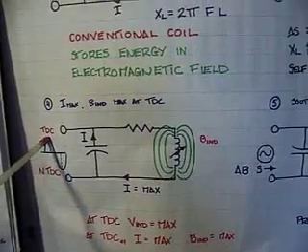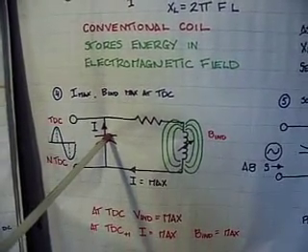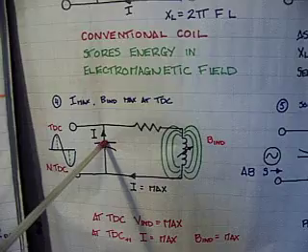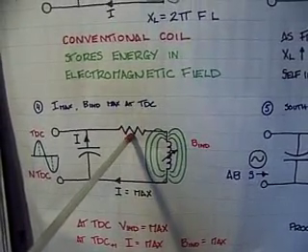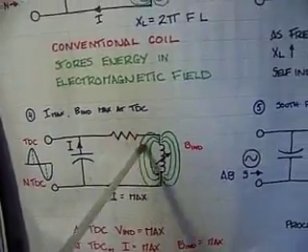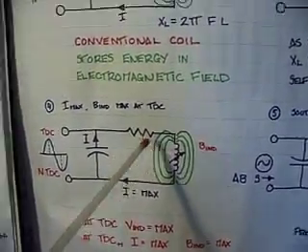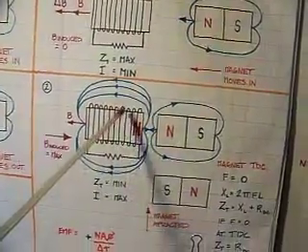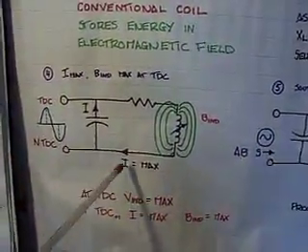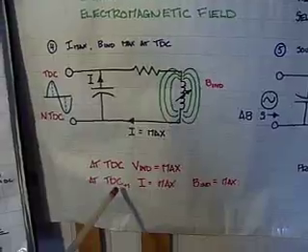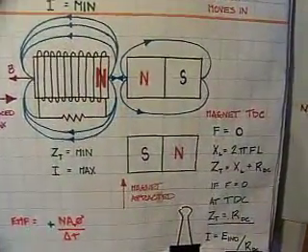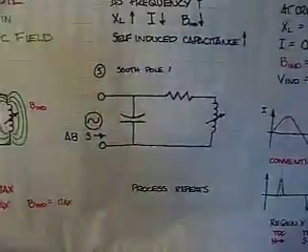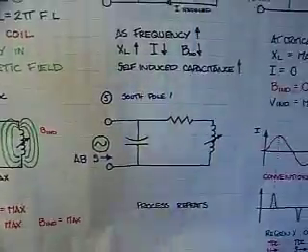At this instant in time, the stored voltage in the self-induced capacitance of the coil can now be released through the low DC resistance of the coil, producing the maximum repelling magnetic field that we talked about here at top dead center, and the current flow through the coil is now maximum. And once the magnet moves away and the south pole begins to approach, then the process is repeated.